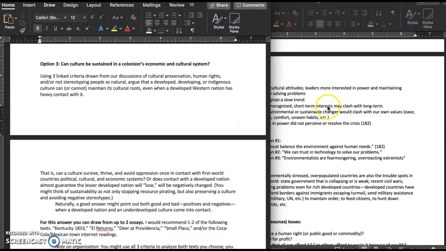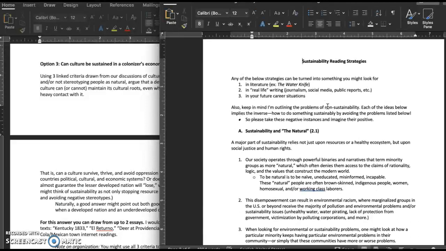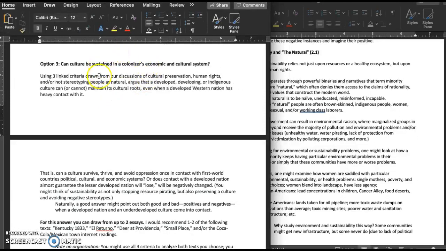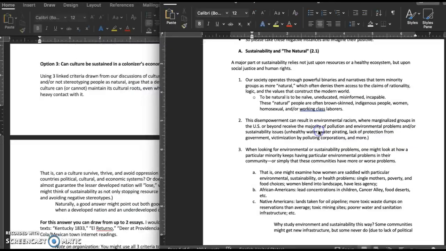They're not stereotyped. Again, we could look back at this and we could think, okay, these things either are happening or are not happening whenever a culture comes into contact with a more dominant culture. So this one is in the area of social justice, but I also included economic systems. So you can include just about anything.